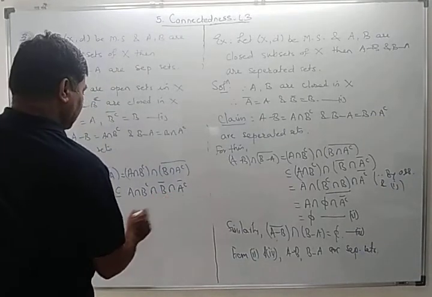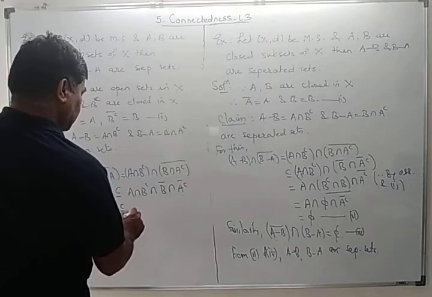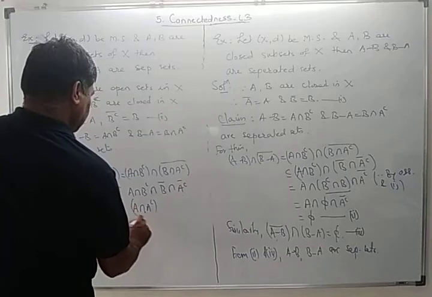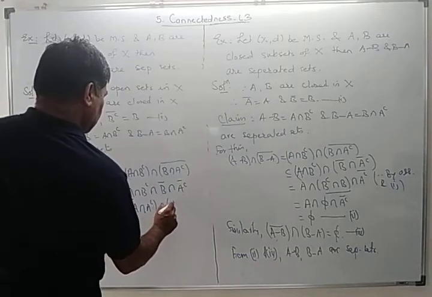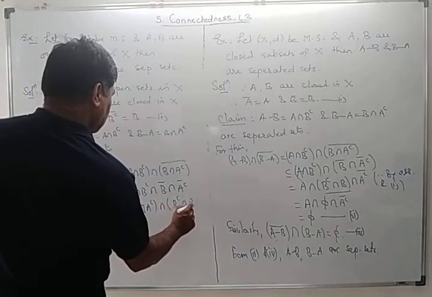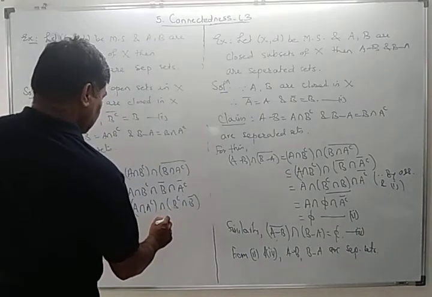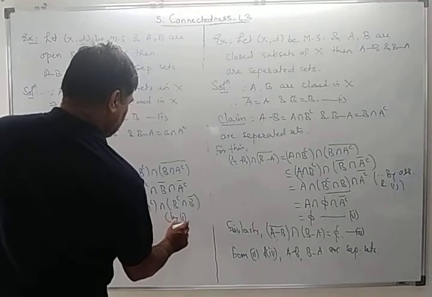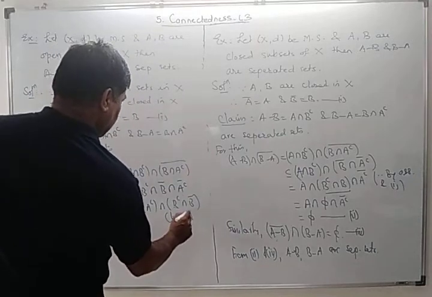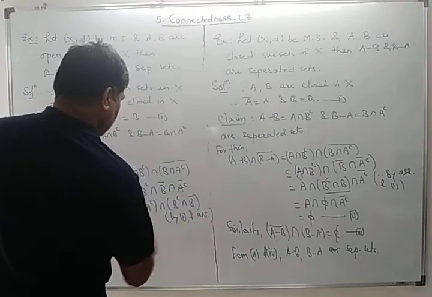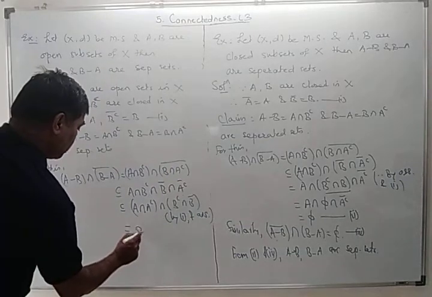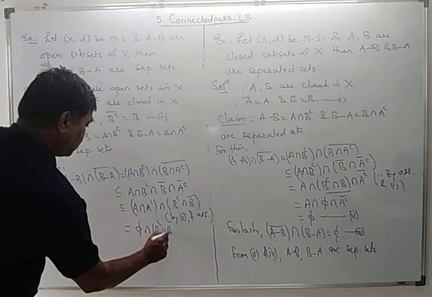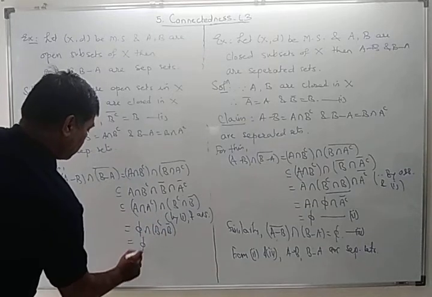But this is your A complement. This is contained in A intersection A complement intersection B complement intersection B closure by 1 and associativity, which is equal to phi intersection B complement intersection B closure. This is equal to phi.